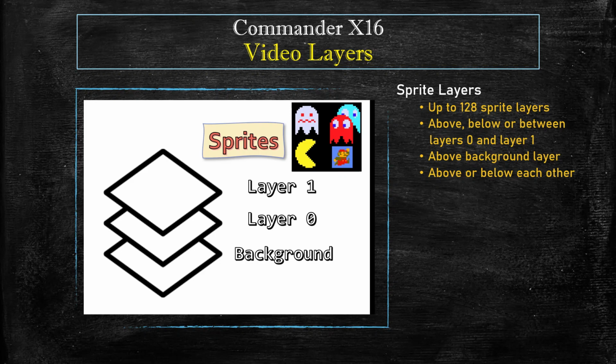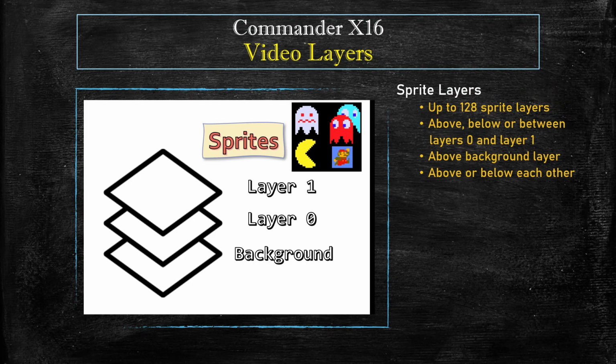So the Commander X16 computer, as we can see by my note on the right hand side here, has up to 128 sprite layers, which means we can program up to 128 different sprite images, and each sprite image exists on its own layer.